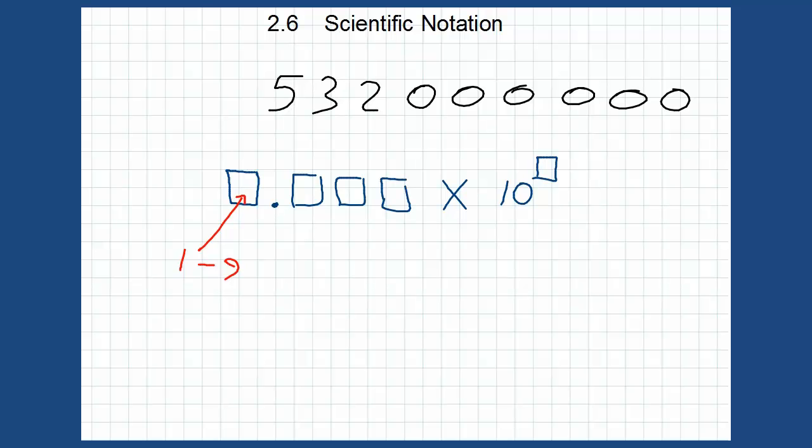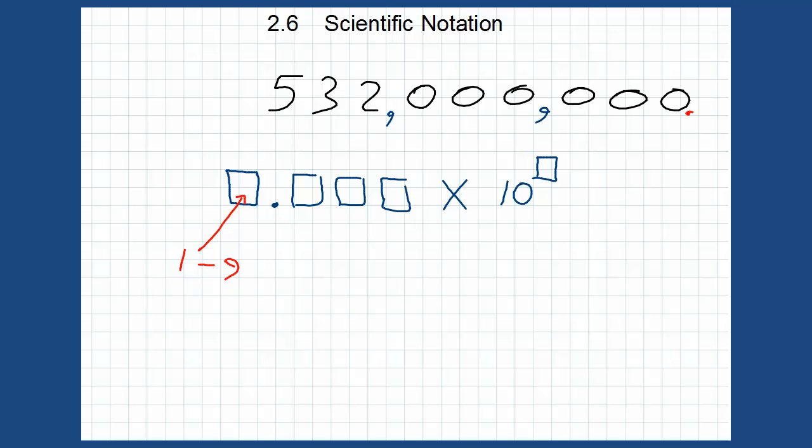For example, let us see our number here. This number is 532 millions. If we want to write it in scientific notation, first locate your decimal. Always our decimal is to the right of any whole number.